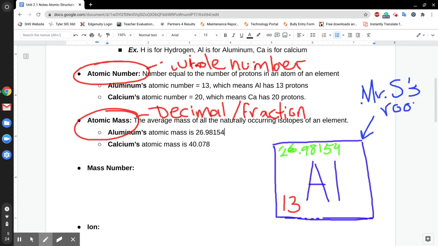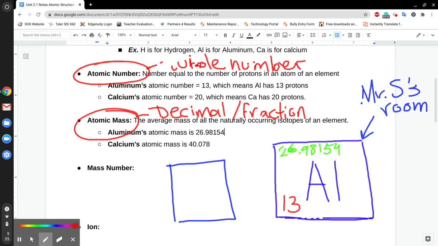Now, what you may see on other periodic tables or websites is that it may be arranged like this. This is one I see a lot. If we're still sticking with aluminum, a lot of times I'll see the atomic mass on the very bottom. It'll be like this.